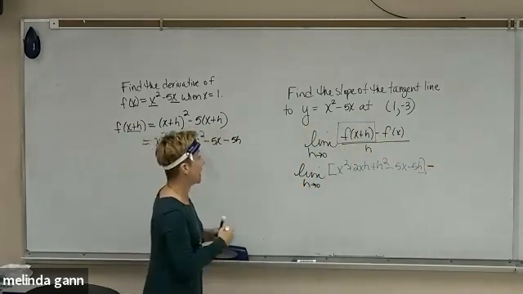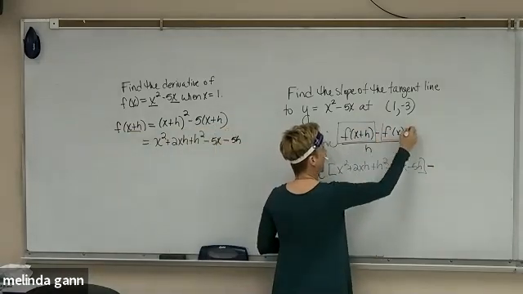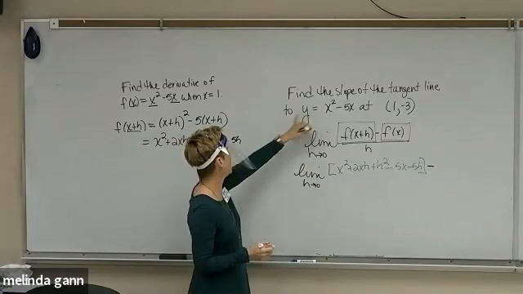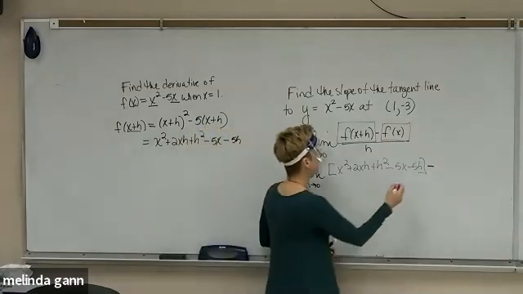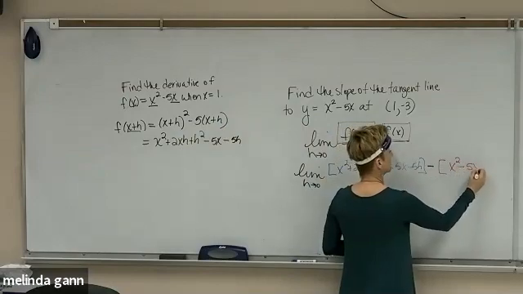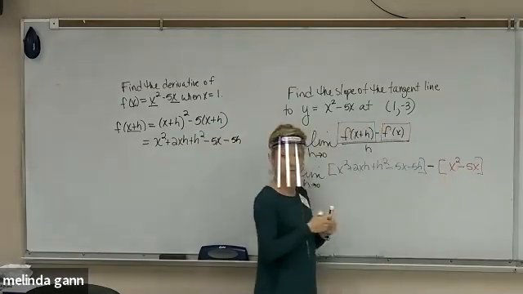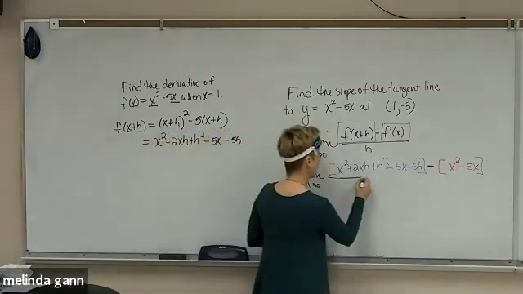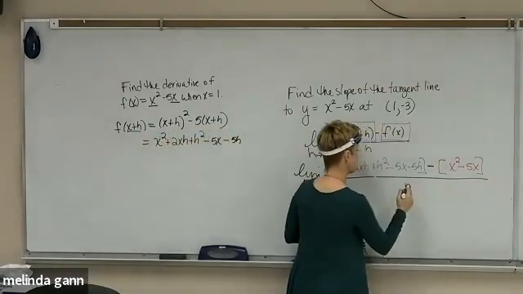All right, now I've got to write down f of x. Well, what's f of x? Well, f of x is the same thing as y. So my f of x is my x squared what? Minus 5x. And then all that is over h.